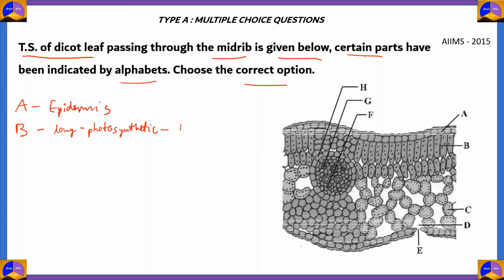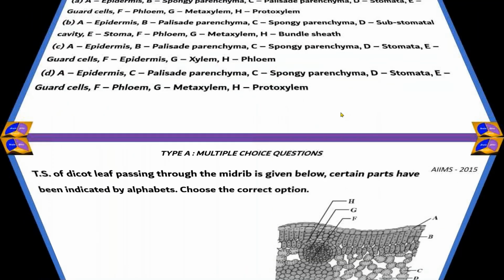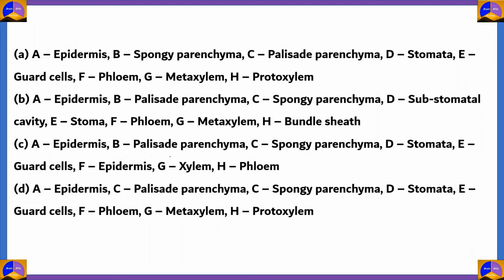So therefore B refers to palisade parenchyma. And if you look at our options, we find that option A does not contain the part B as palisade parenchyma. So option A is eliminated.